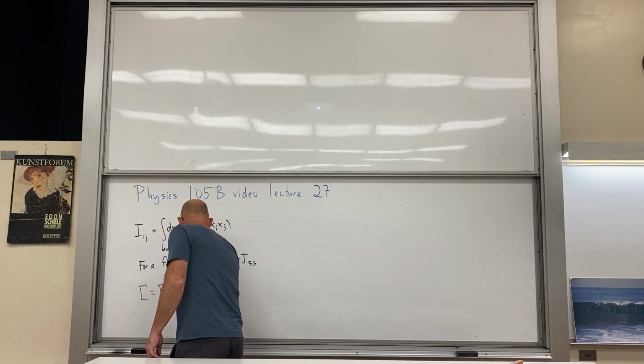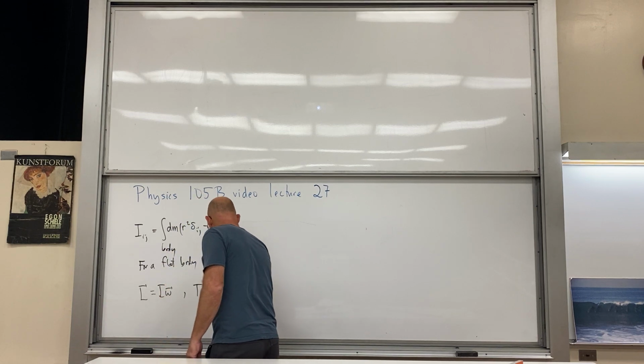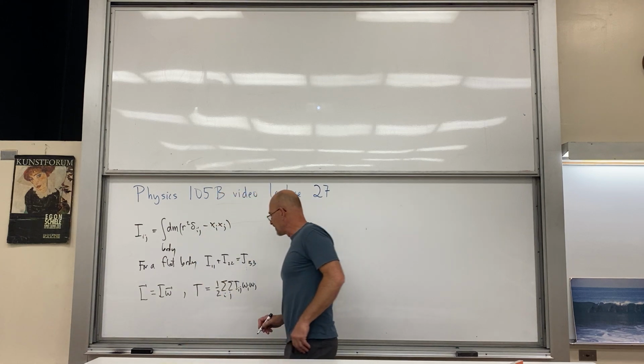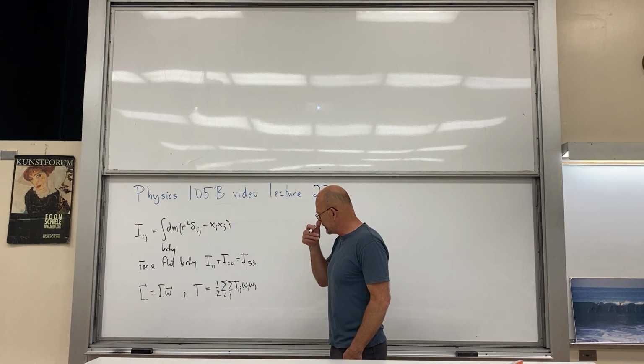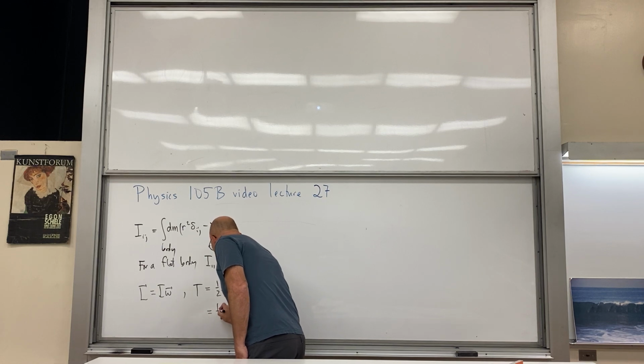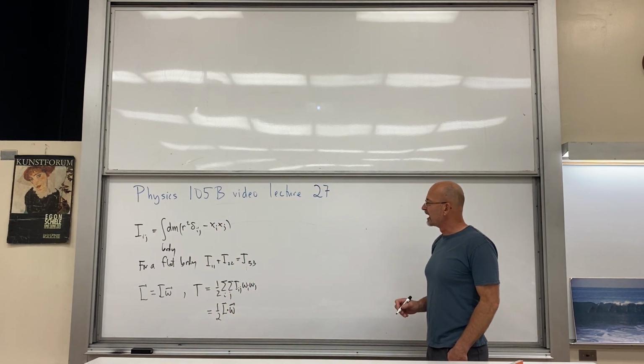We have T equals 1/2 double sum I sub ij omega i omega j, which we can take to mean 1/2 L dot omega, which can be convenient. We'll use that today as well.